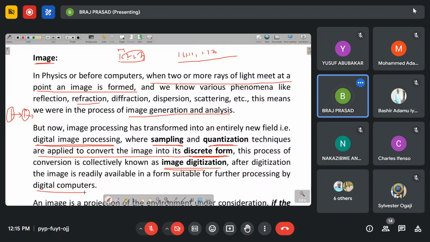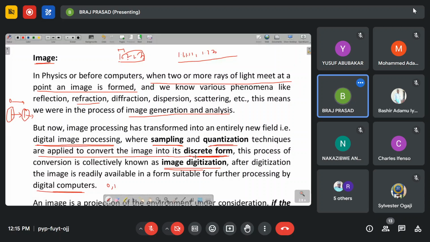As we know, computers work in the form of 0 and 1. So first we take the object, then we produce the image by using some sensor or some source or device like a camera, single camera, multiple camera, human eyes or other eyes. And after getting this image, we convert this image into discrete form.